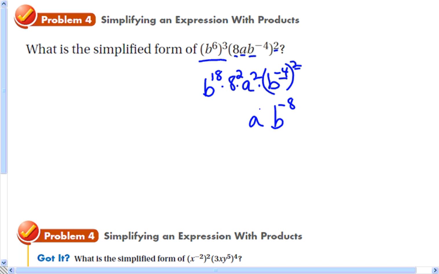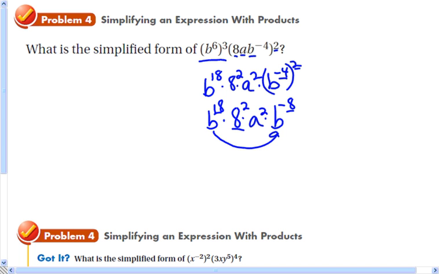We have a to the 2nd, 8 to the 2nd, and b to the 18th. Now these two, if I use the commutative property, I can switch them around and multiply those two together. When you have the same base, just add the exponents: multiplying by b 18 times, and then subtracting 8 of those off, because that's dividing by the base b, gives you b to the 10th power.